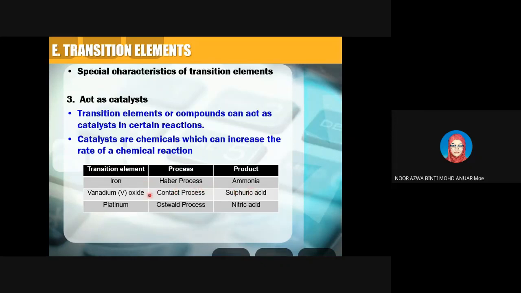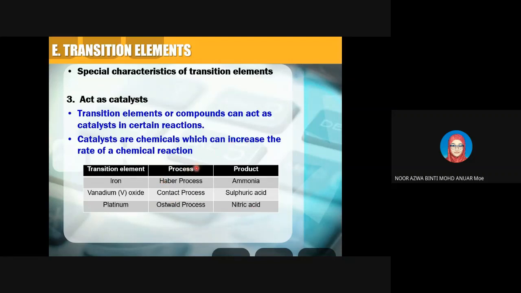Okay, vanadium 5 oxide digunakan in the contact process to produce sulfuric acid. Okay, platinum is used in Ostwald process to produce nitric acid. Macam ni. Okay, digunakan sebagai pemangkin lah to increase the rate of a chemical reaction.